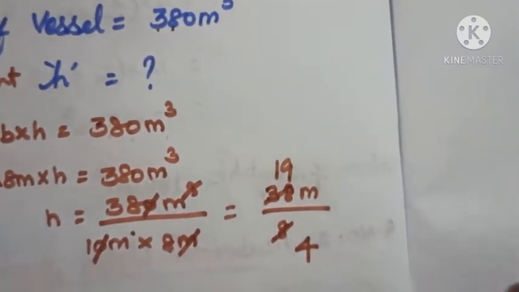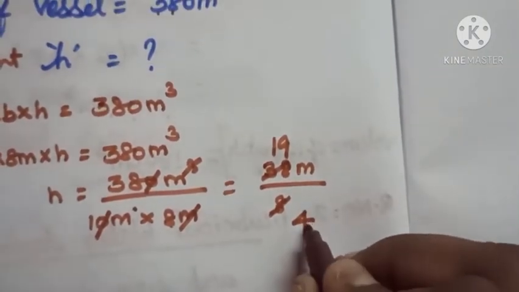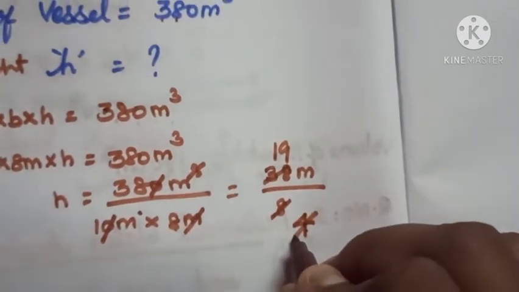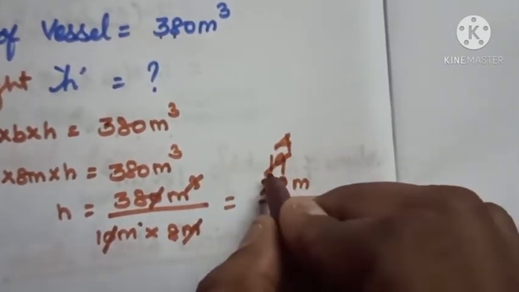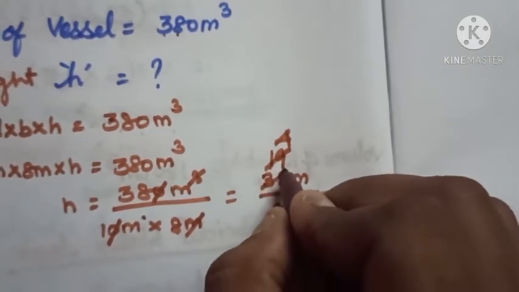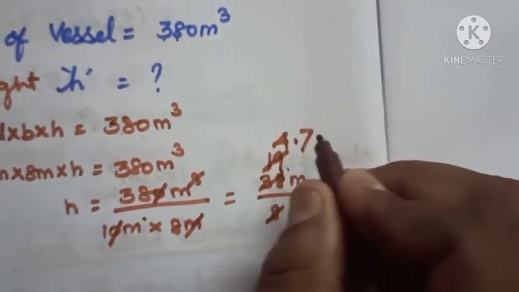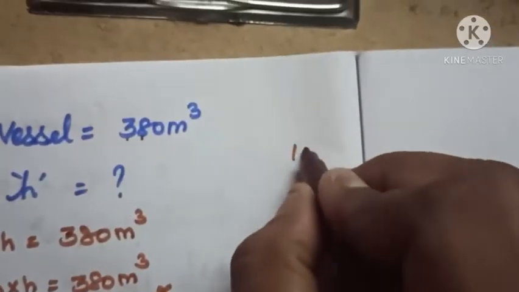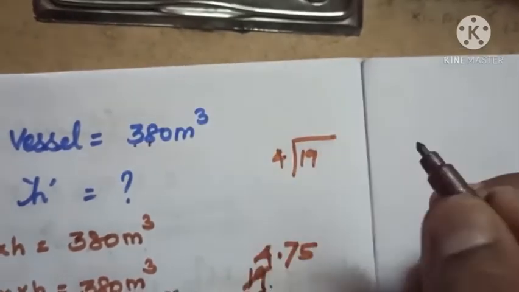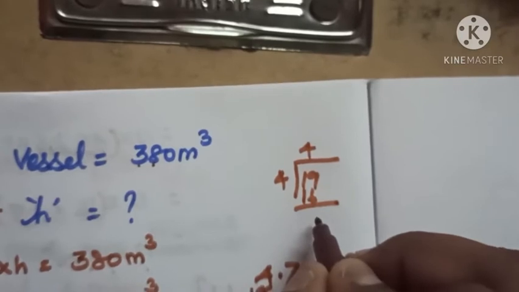Now you can see 19 is a prime number, but you divide by 4 as usual. 4 4s are 16, remaining 3.